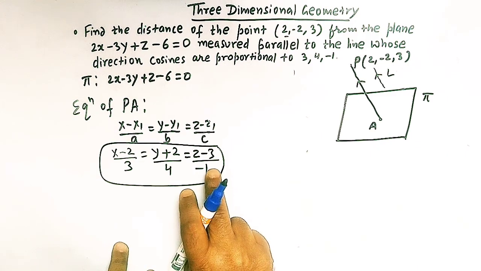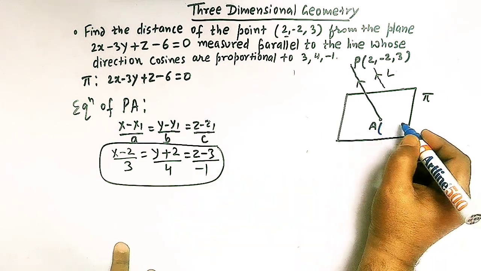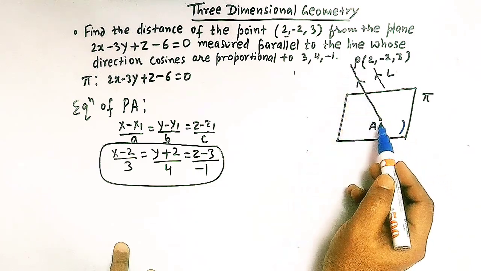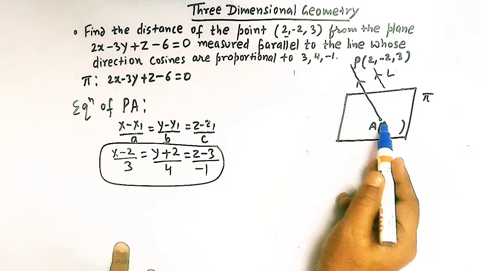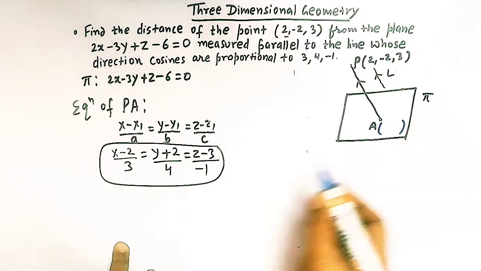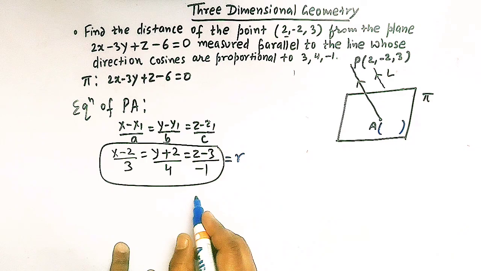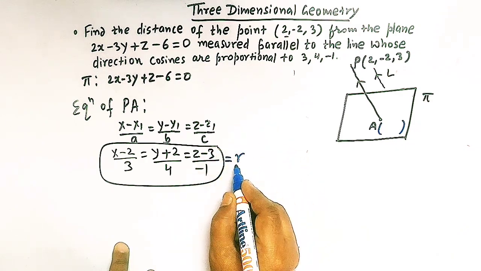So now our next aim is to get the coordinates of this point A, which is the point of intersection of this line PA with this plane pi. So let us introduce another scalar or real number, say r.